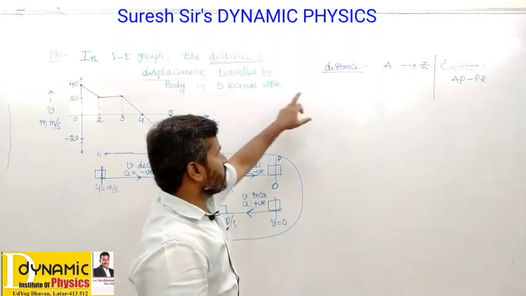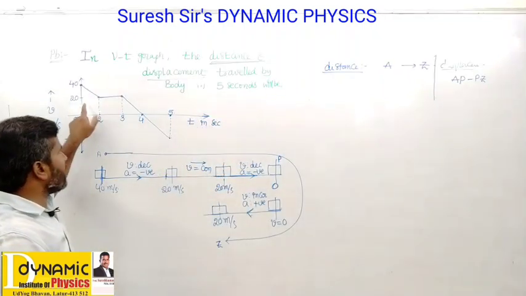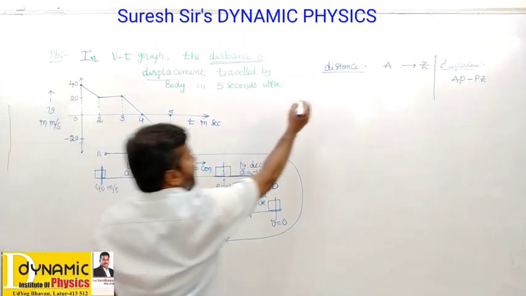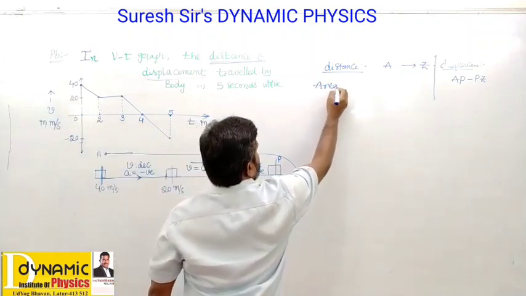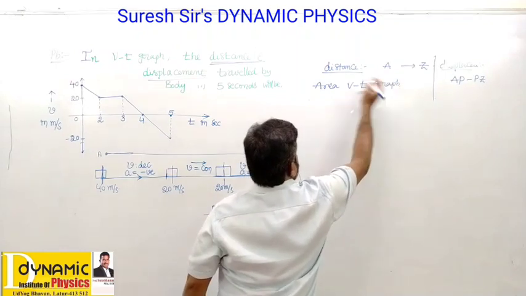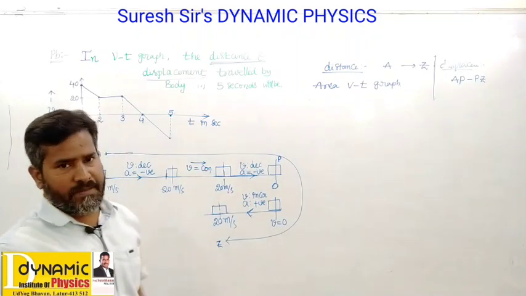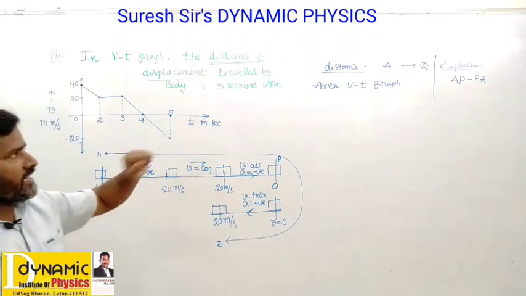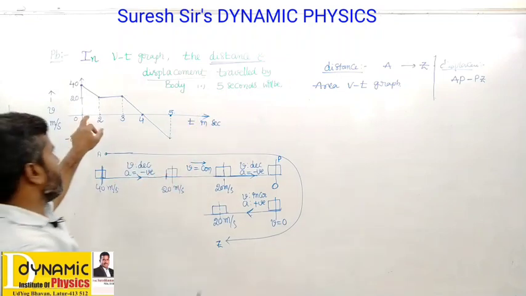So how to calculate? You know that the area of the VT graph indicates distance or displacement.